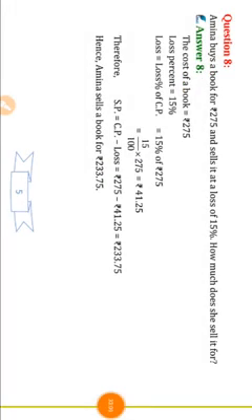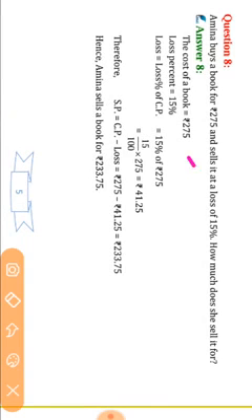Amina buys a book for rupees 275 and sells it at a loss of 15%. How much does she sell it for? So the cost of the book is 275. Loss percentage is 15%. So here the loss percent is on 275 only. So 15% of 275 is how much?